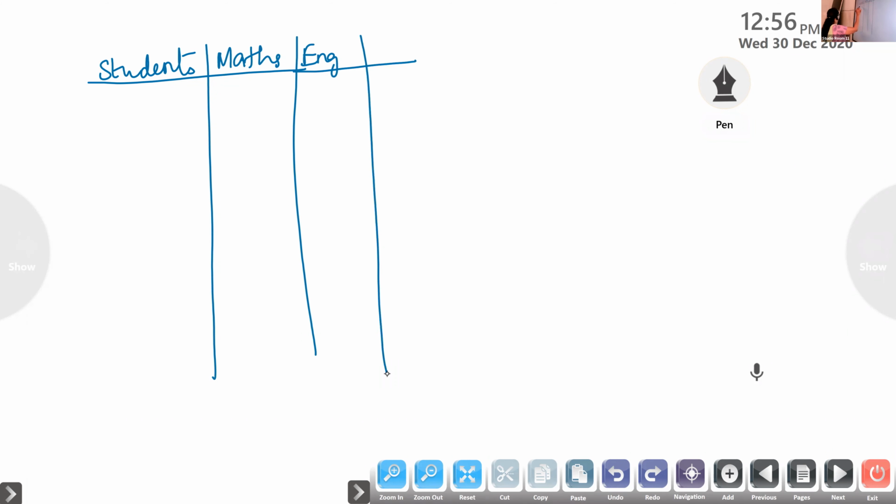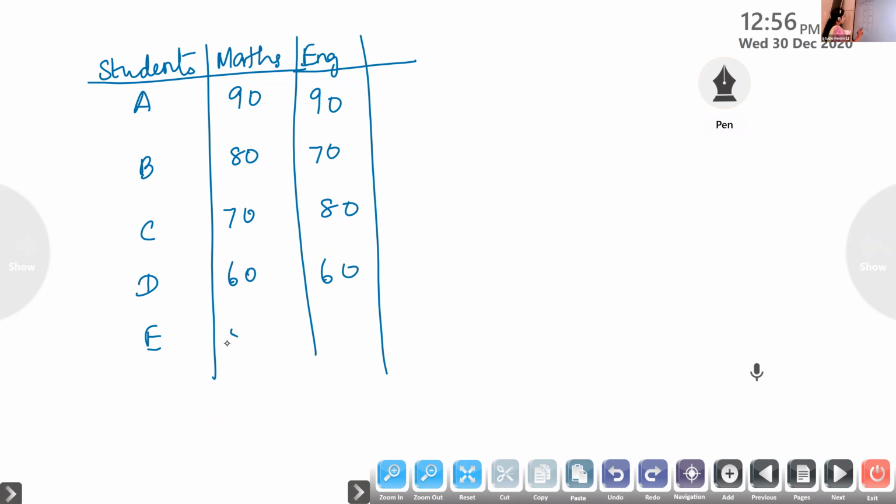So listen children, so students are, we are naming it as A, B, C, D, E. So if you take the first student, so these are the marks given.